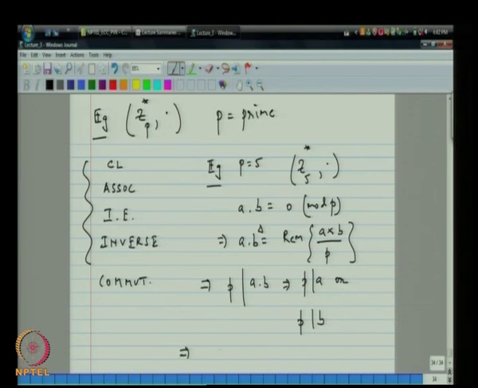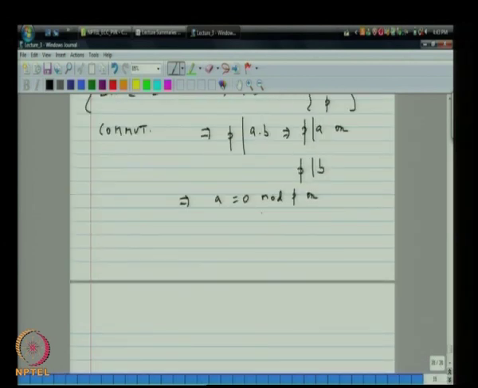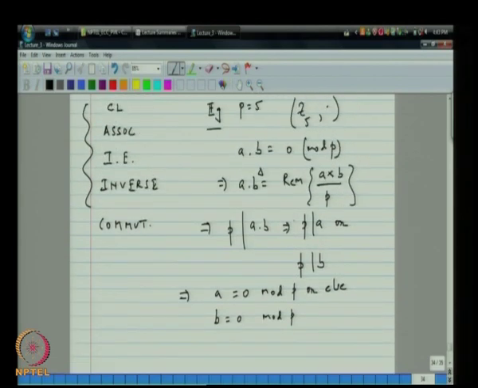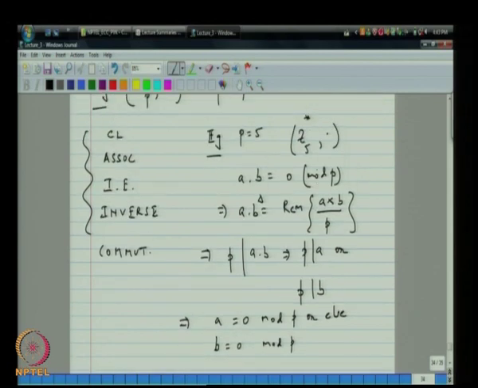But that implies A equal to 0 mod P, or else B is equal to 0 mod P. So, therefore, what we found is that A times B equal to 0 cannot happen, because A and B are in Z_P star.